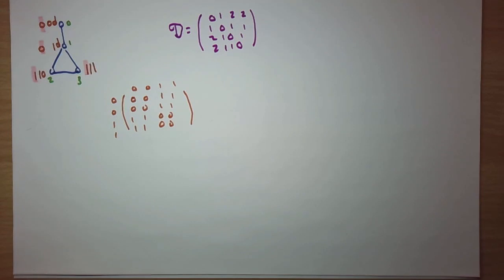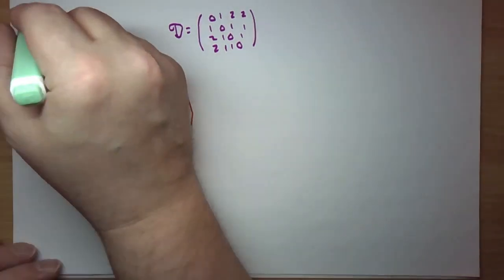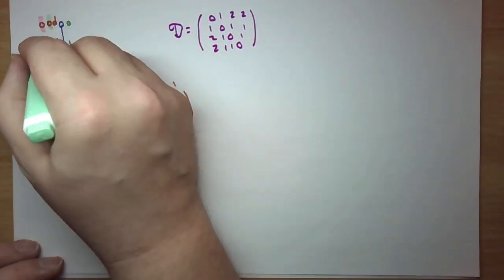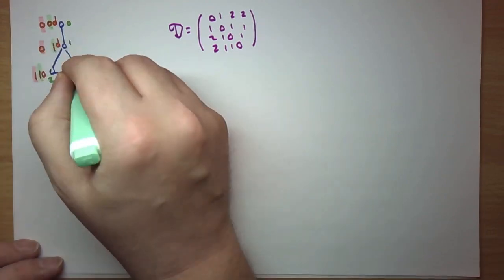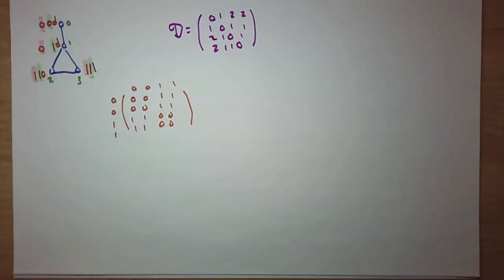All right, so that's what we have there. Now, what's the second thing we should look at? Well, yeah, the second coordinate. So we're going to now look at the second coordinate. So, here we go.